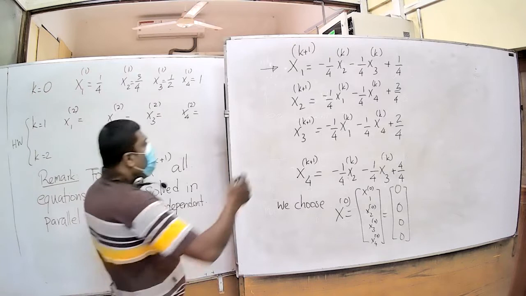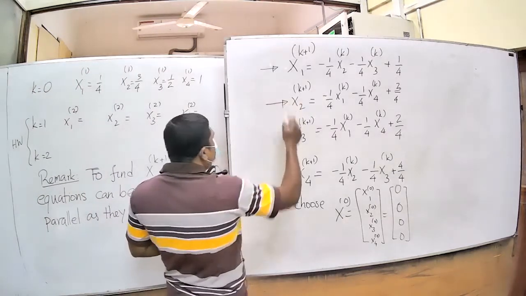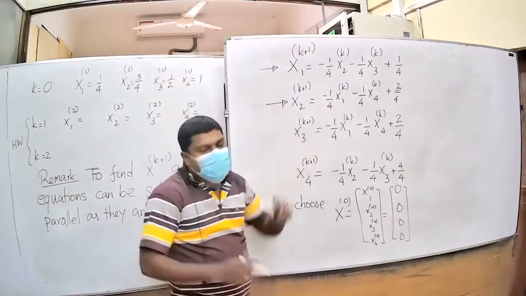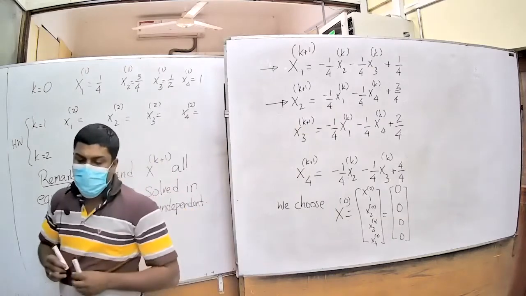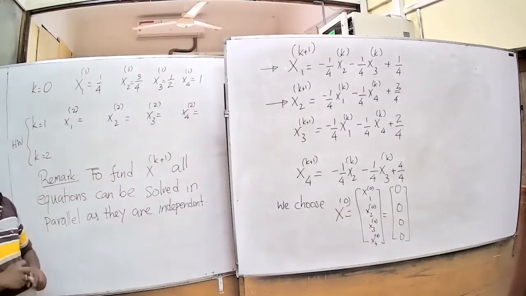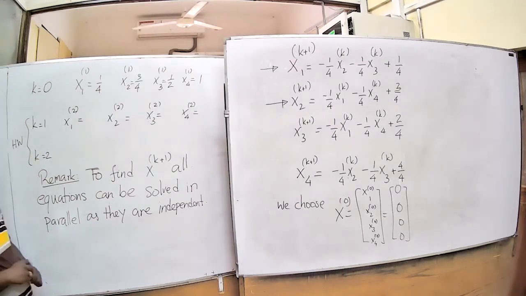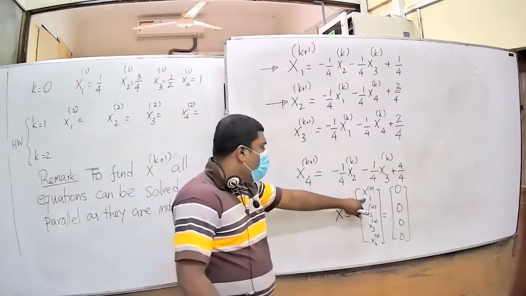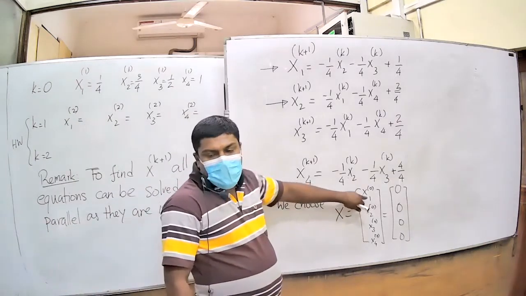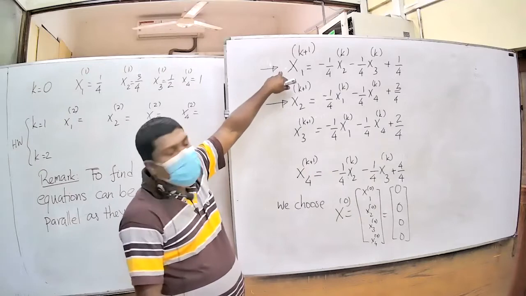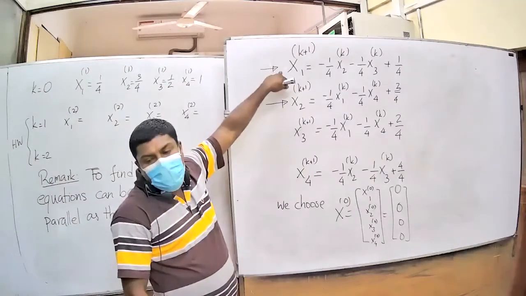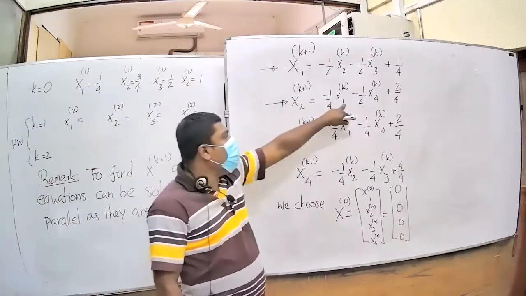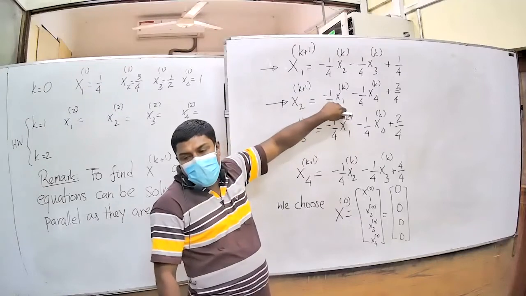Now when you are calculating x2, you can see that you are using x1 also. But what x1 are you using? The x1 you are choosing from the previous step. So x1 is being calculated, but from this equation you already know x1^(1), so you could have updated that here.